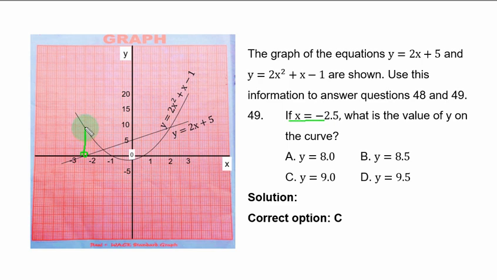At the point of intersection, you trace it to the y-axis, and that point is 9. Notice that on the y-axis, 2 lines will give you 1. If you count from 5, you have 9 at that point. So C is the correct option.